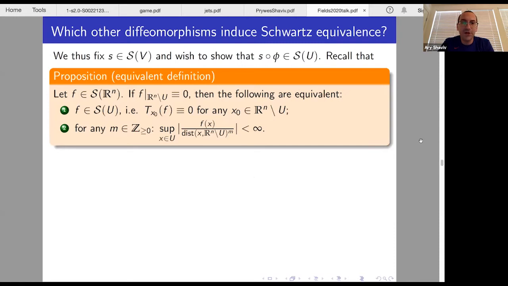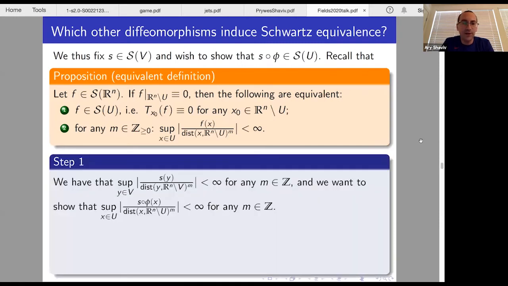We have a function on V, and we want to show that it is Schwartz on U. By the proposition, the supremum on V of our function S divided by the distance to high powers is finite, so this quantity is bounded. And we want to show the same thing for S composed with phi on U.